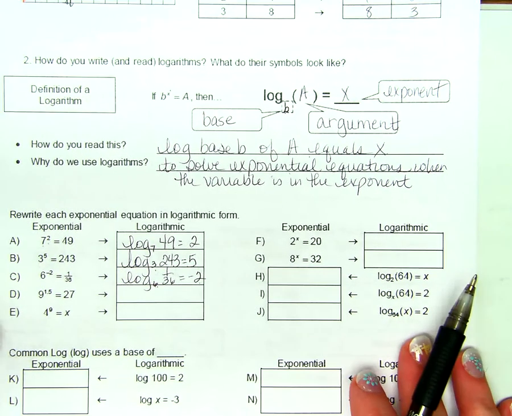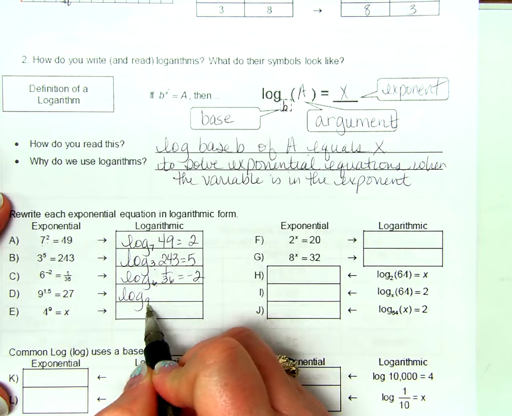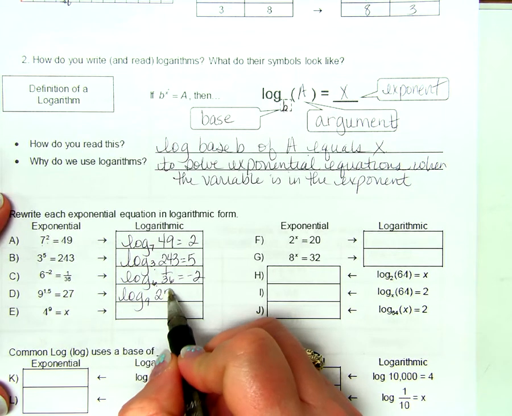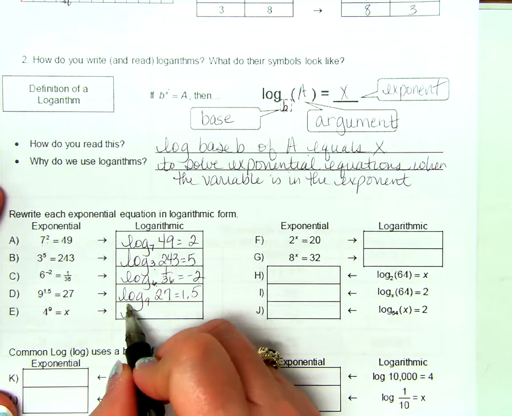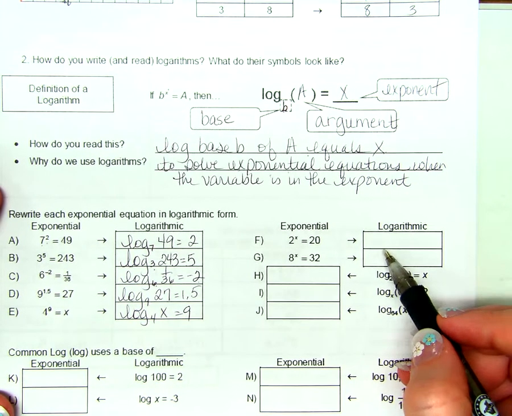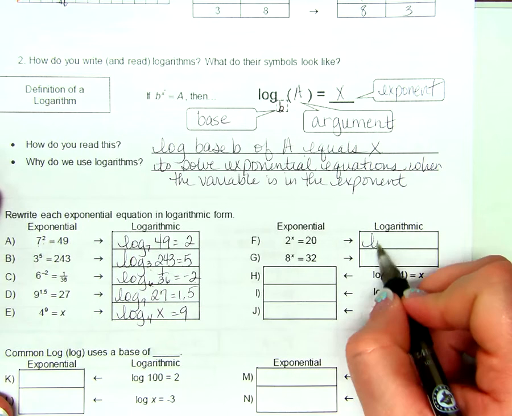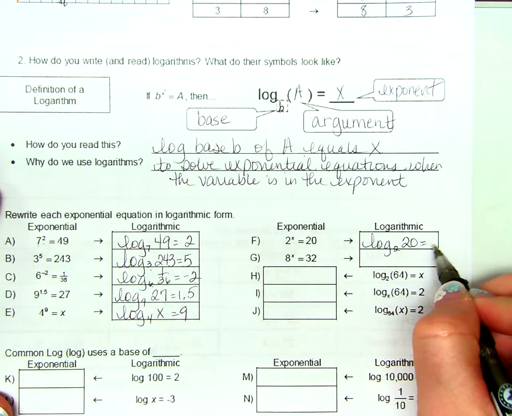Okay? All right, what about D? Log base 9 of 1.5. Perfect. E? Log base 4 of x equals 9. Perfect. What about F? Log base 2 of 20 equals x.